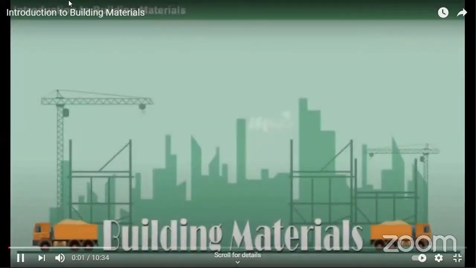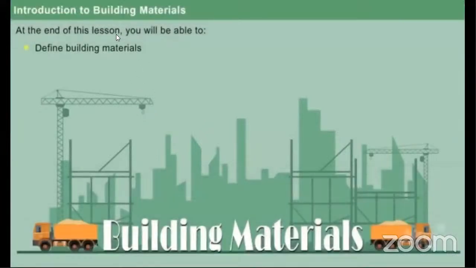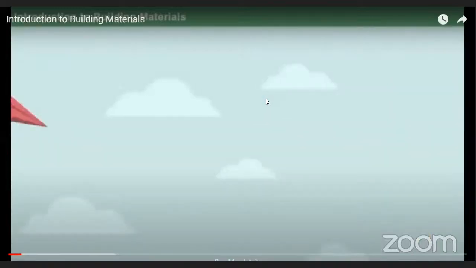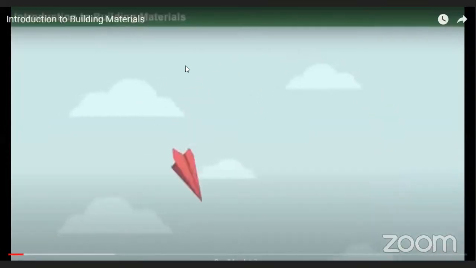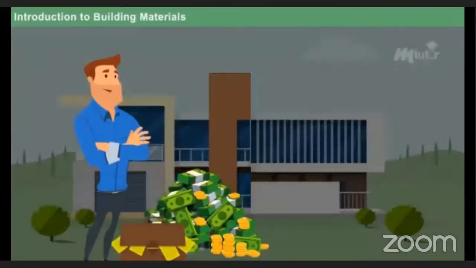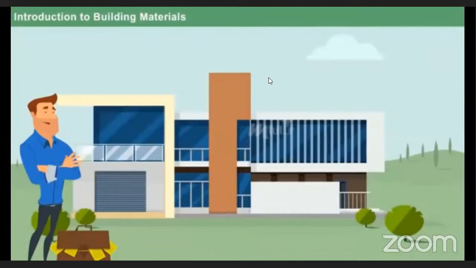Introduction to Building Materials. At the end of this lesson, you will be able to define building materials, classify the types of building materials, and correlate the performance and selection criteria of building materials. Almost everybody who wishes to settle in their life dreams of building their own home. An average person spends half of his earnings in building his own house.